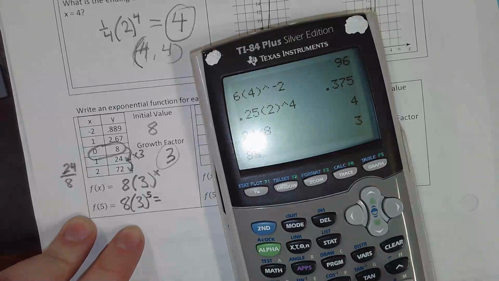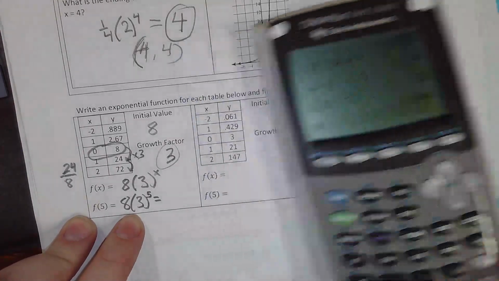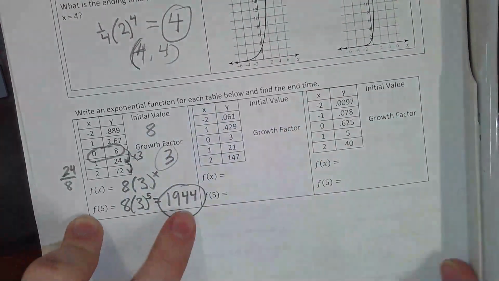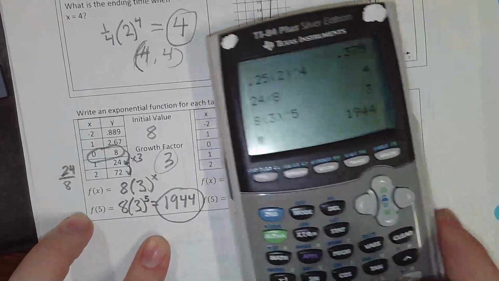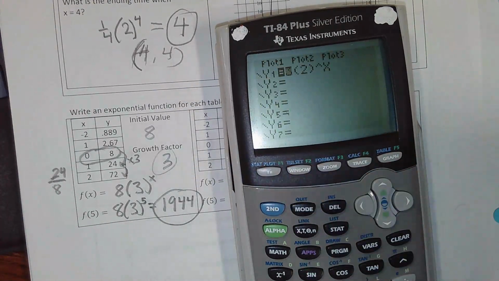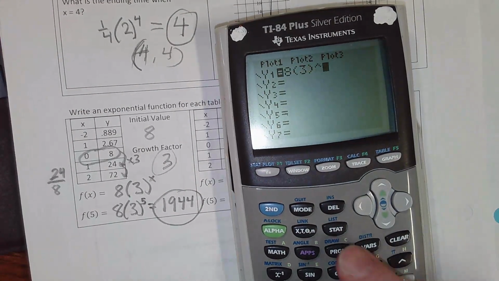Calculator, 8 times 3 to the power of 5 is 1944. The calculator tells me that answer. Now what you can do is you can check your work, see if it actually matches up with your table. You can go to y equals and type the equation, 8 times 3 to the power of x.